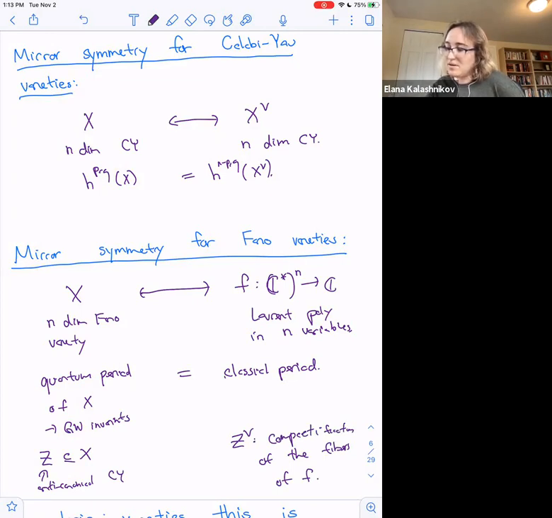So that also gives you a sense of how mirror symmetry for Fano varieties and mirror symmetry for Calabi-Yau varieties are expected to be related.